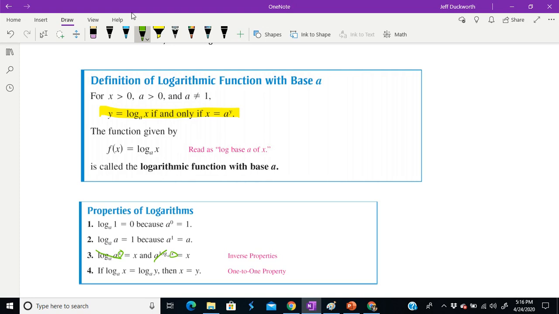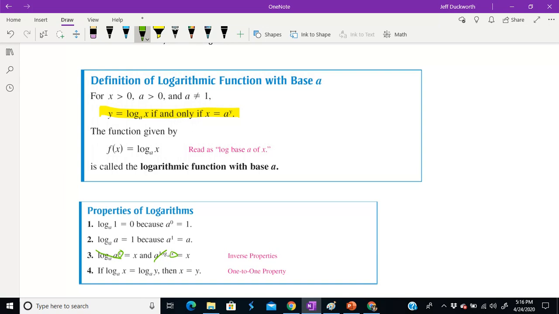It's just a little shorthand that I typically do. And the one-to-one property is if we have log base a of x equal to log base a of y, then x must equal y. It's going to be a function. You're not going to have multiple solutions to one thing. Think of it as the vertical line test. That's what we're talking about here.